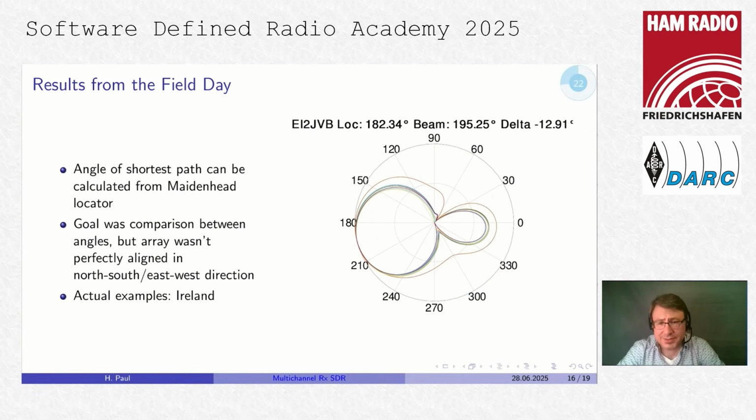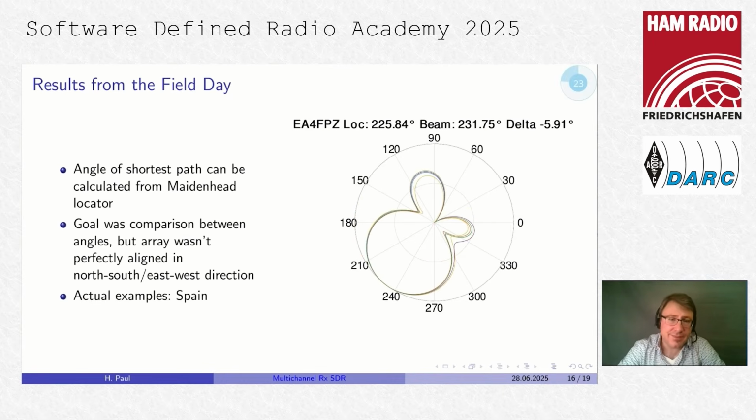Another station from Ireland came from the west, which also meets the expectations. A station from Spain is from southwest, also with only 6 degrees of error between the measurement and the expected angle.